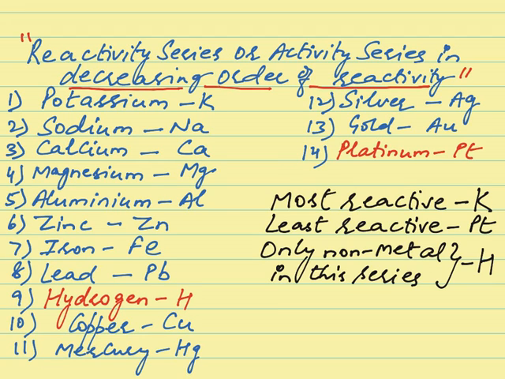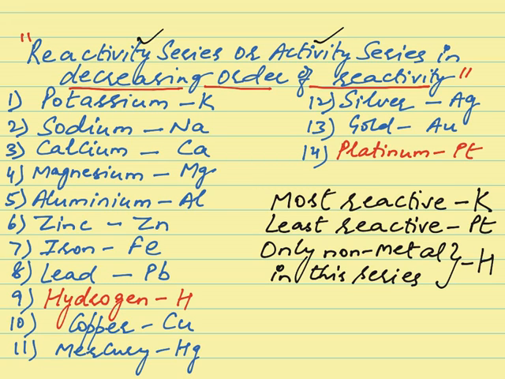Now this is the reactivity series, or it is also known as the activity series, which helps us in knowing which element is more reactive and which is less reactive.